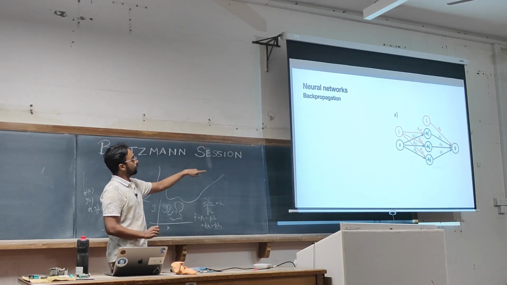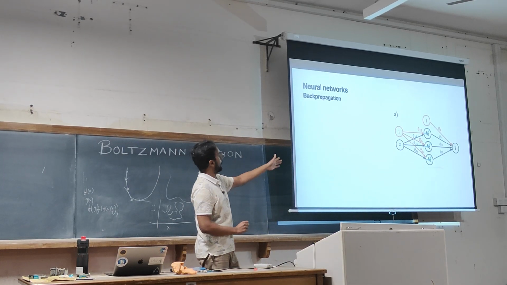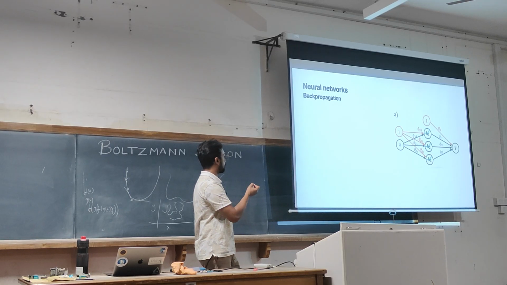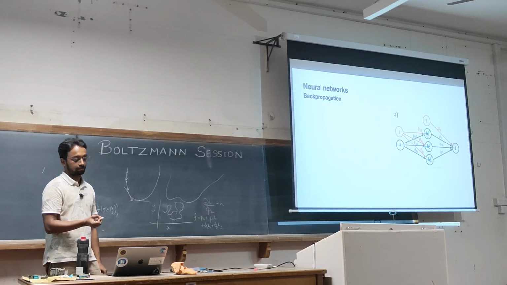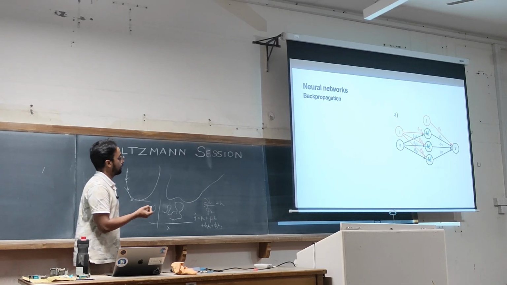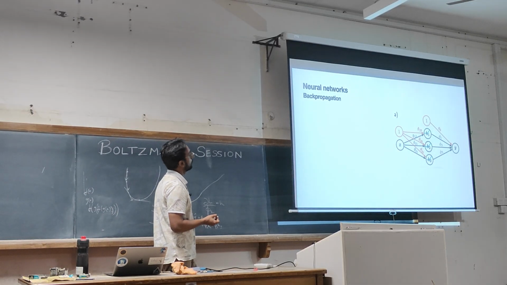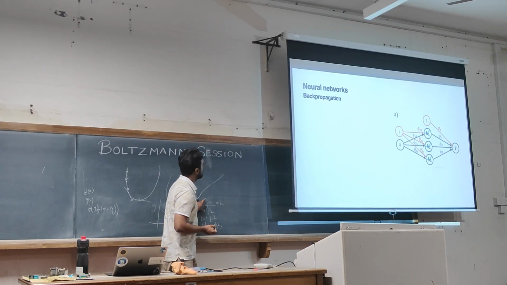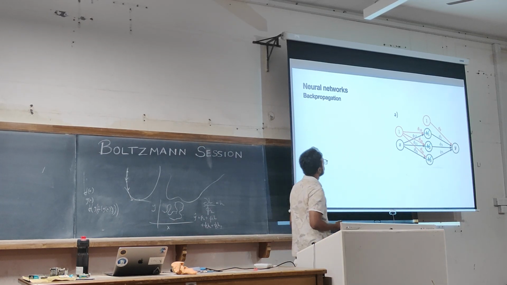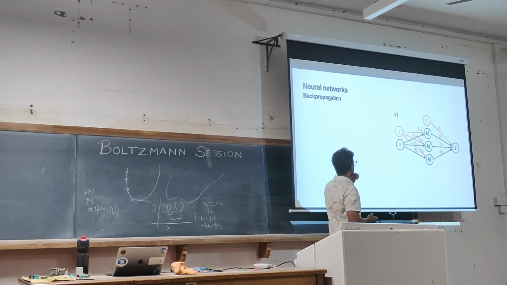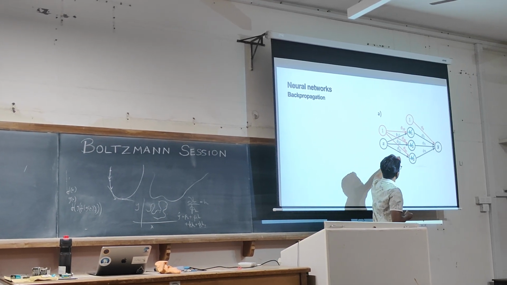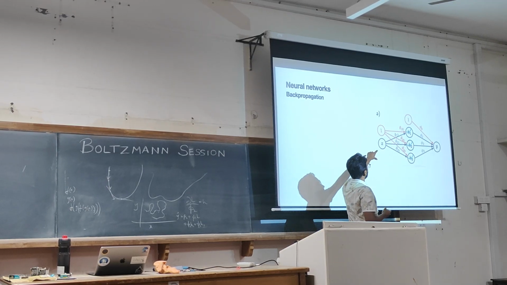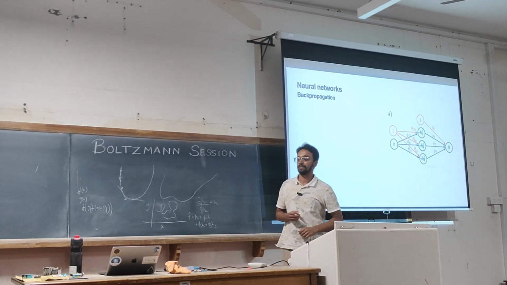For the parameters that are more inside the neural network, you need to use the chain rule of differentiation. You can find this derivative, and then it is required to compute the derivatives of the loss with respect to theta 21, theta 20, all of the parameters which lead to h2, for example.